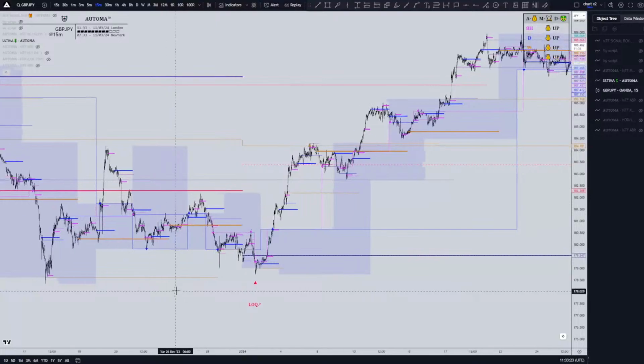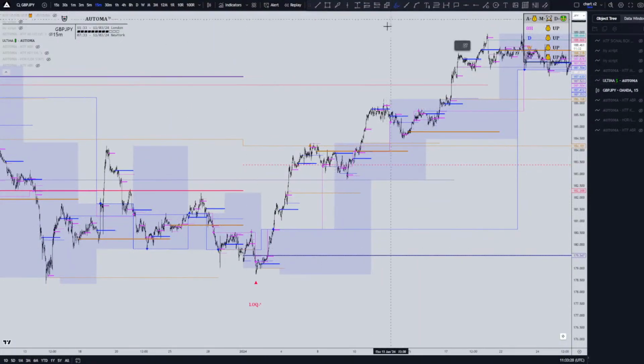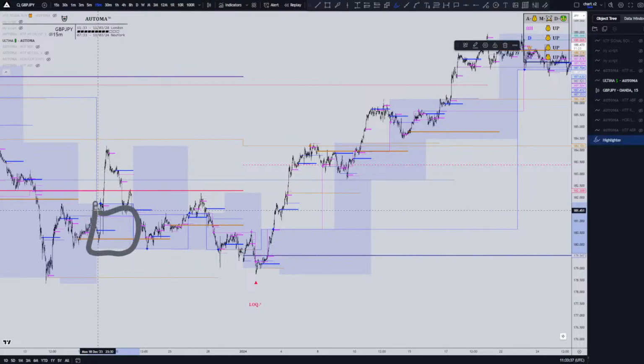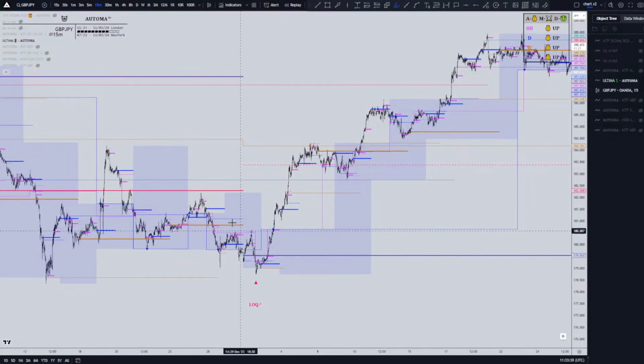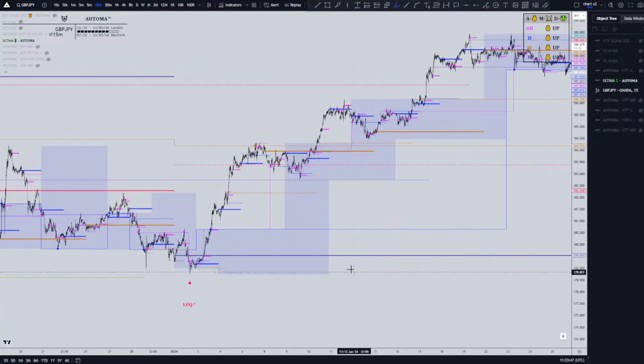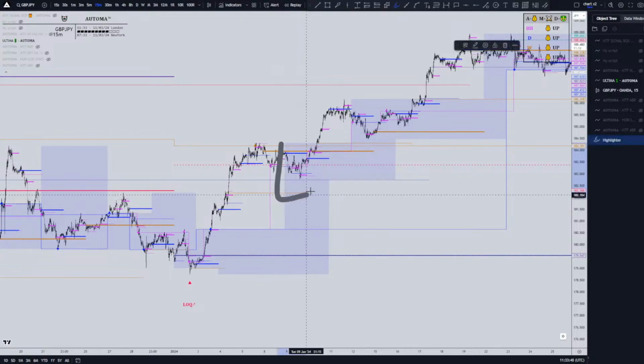That can be established, like I mentioned, by highlighting when we have a contraction, which is there. Again, we have a contraction, which is there. And then we have an expansion, which is there.